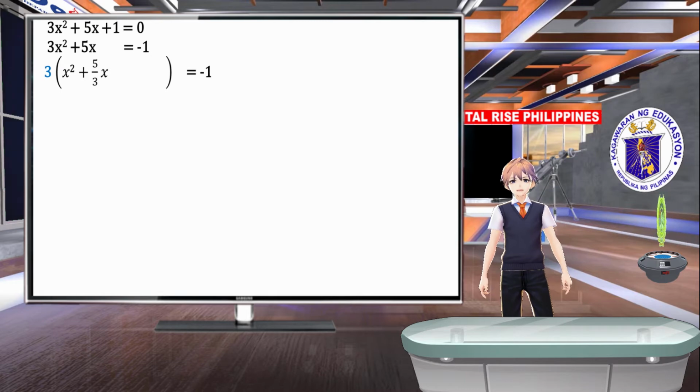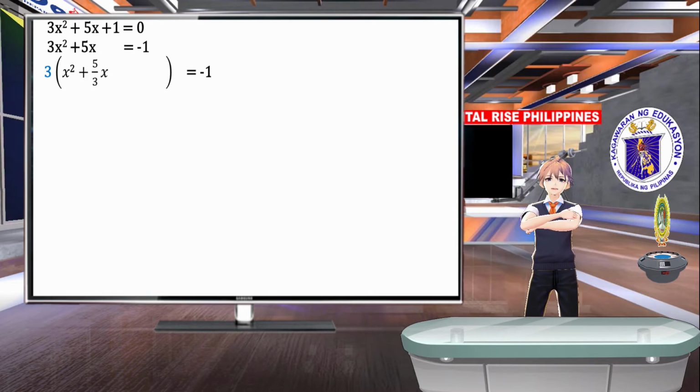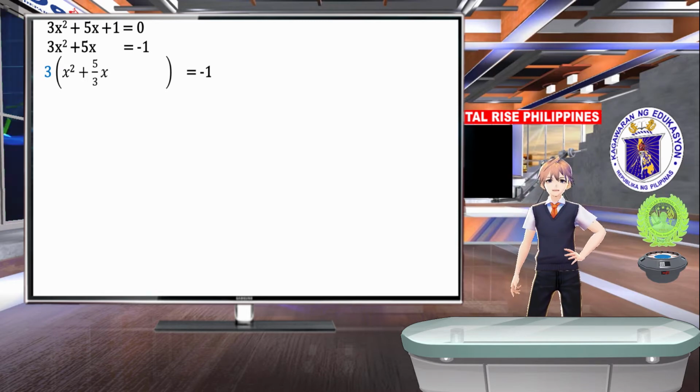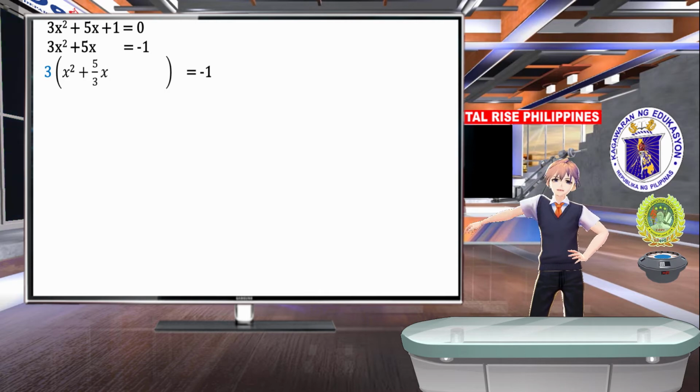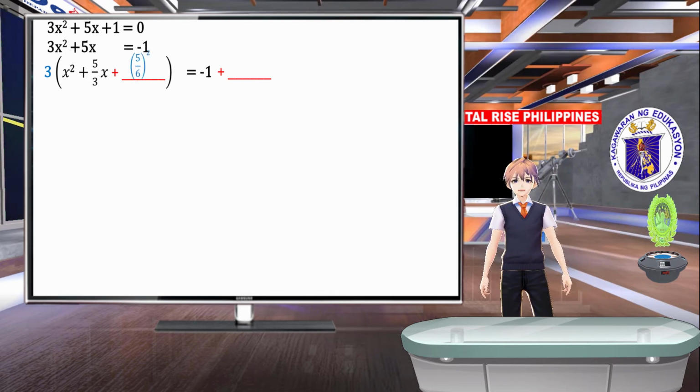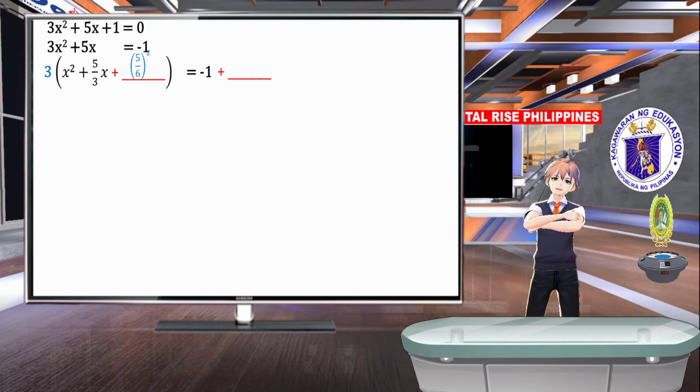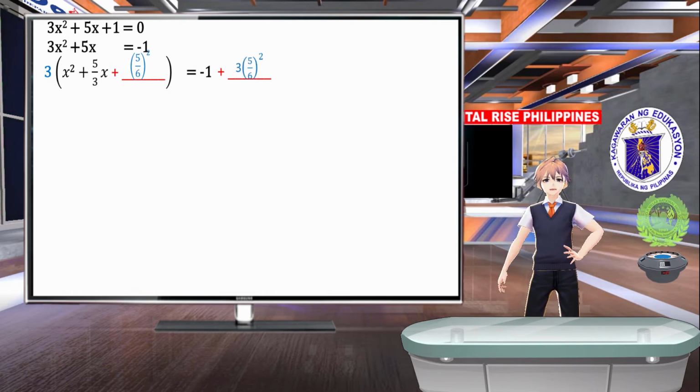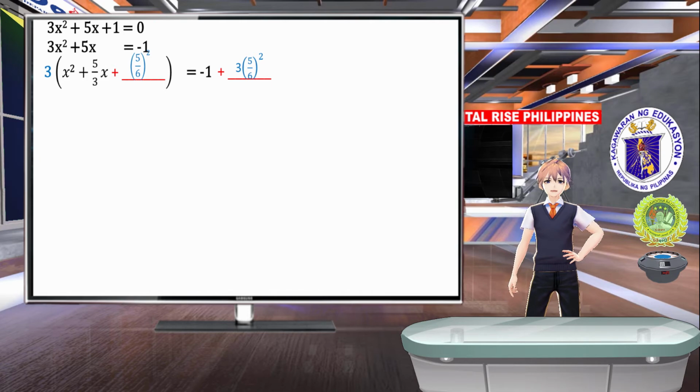To make the quadratic expression inside the parenthesis a perfect square trinomial, we have to multiply 1/2 with the coefficient of x, square it, then add to the expression. In this case, we add 5/6 squared to the expression inside the parenthesis. The term to be added to the right side is 3 times the square of 5/6.